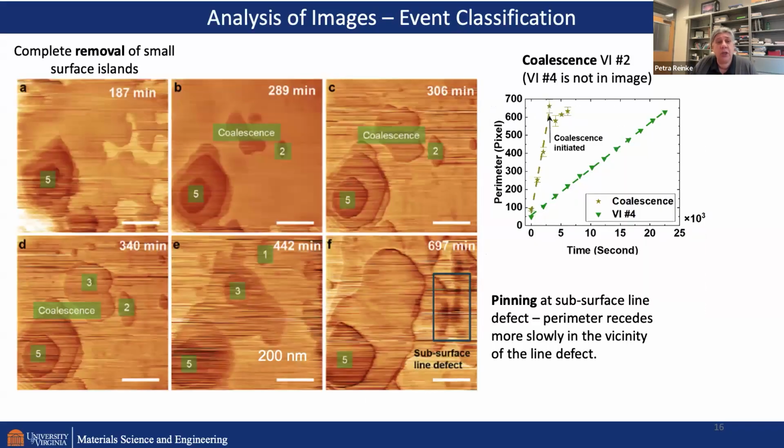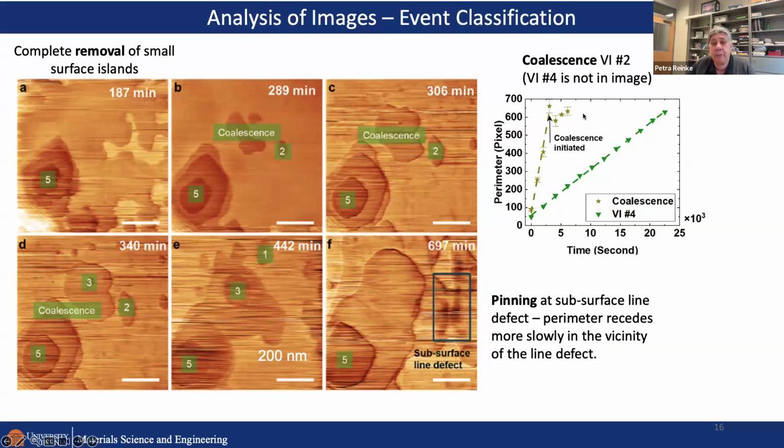So let me show you which type of processes we get on the surface. You can see here this is vacancy island number 5. We can completely remove small islands. If you go from step A to step B, the small islands are completely gone. We have a new set of islands, and these islands coalesce, which you can see very clearly if you analyze the perimeter length or area as a function of time.